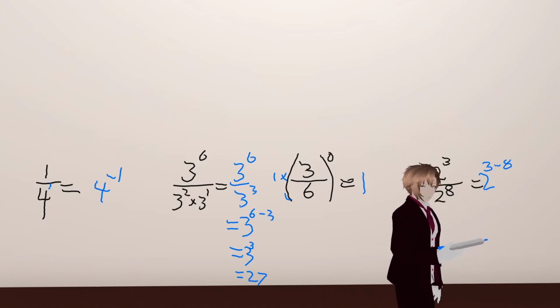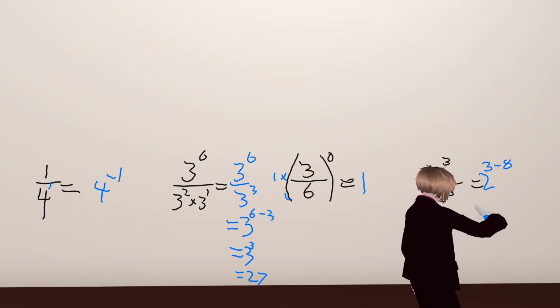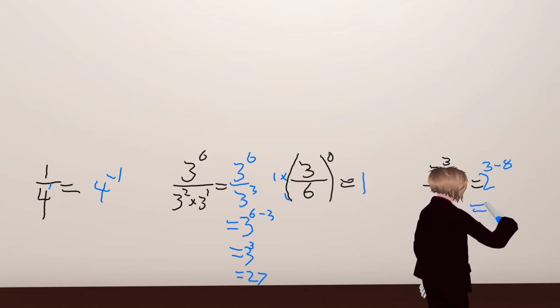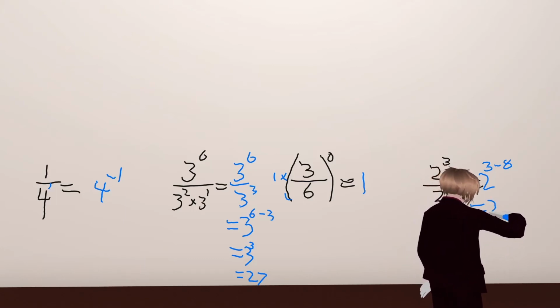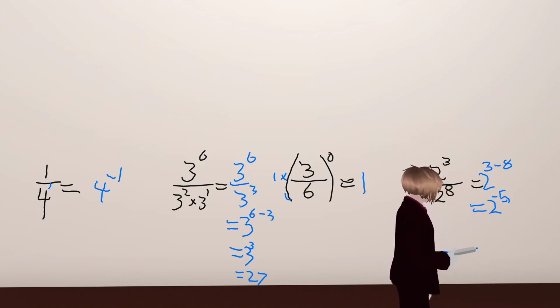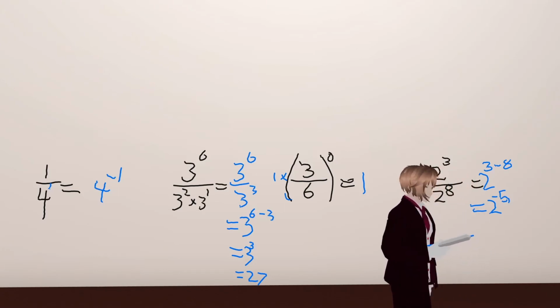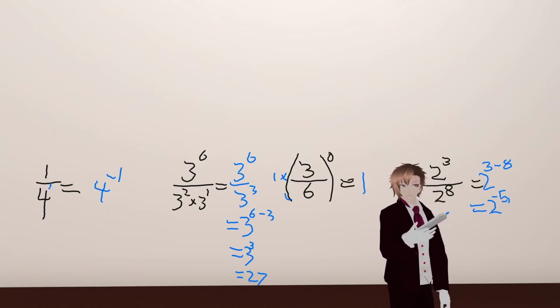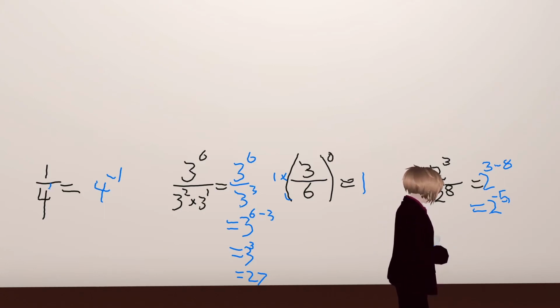So 3 take away 8 is going to give us a negative number. So we're going to end up with 2 to the power of negative 5. So this would be the answer as a negative indice.